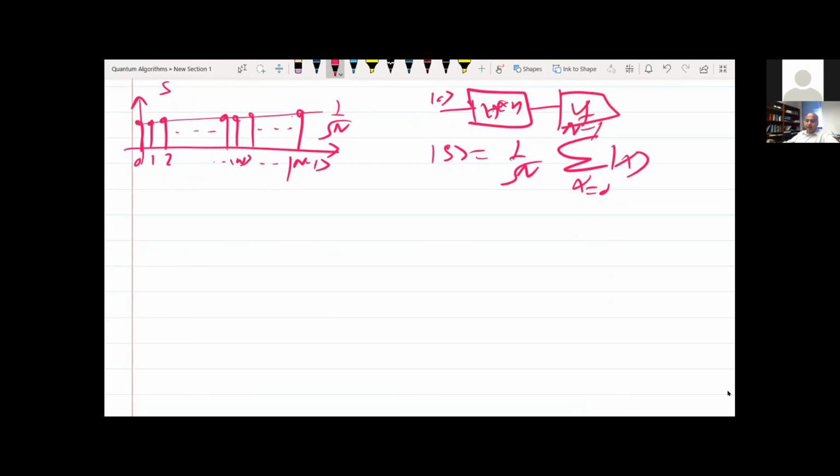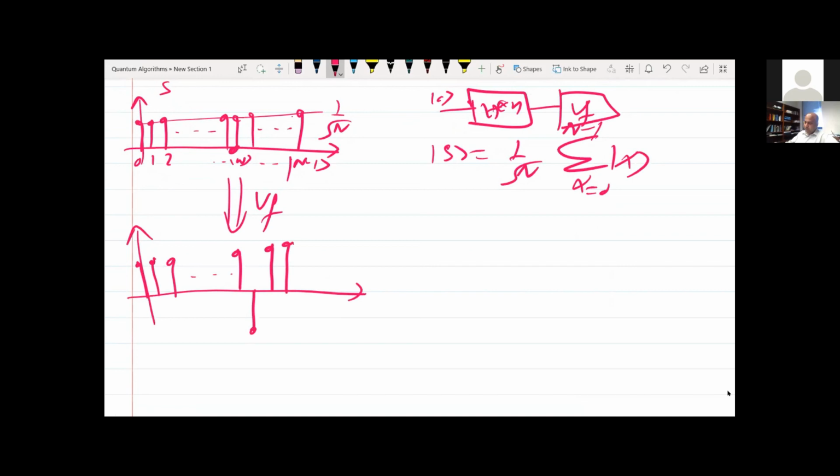And when we passed it through the oracle, which marks the element, what UF did was to mark this W state with a minus sign. So it didn't do anything to the other states, but this state got flipped. So this is what UF did.